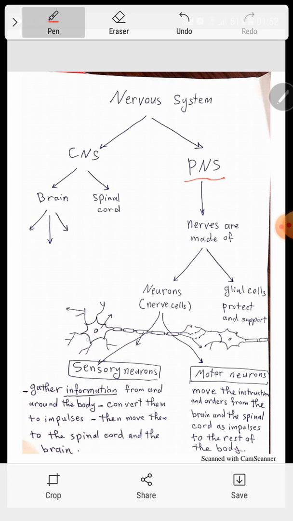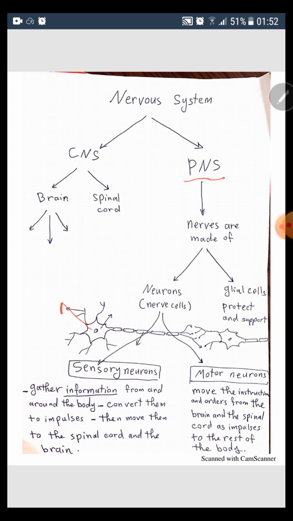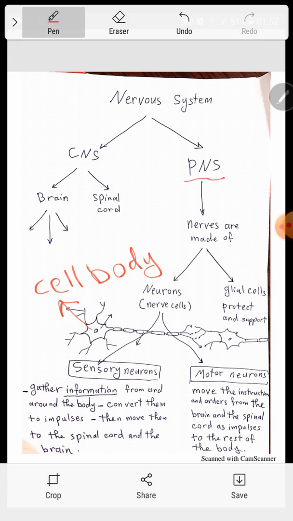It is made of the cell body, that includes inside it the nucleus.